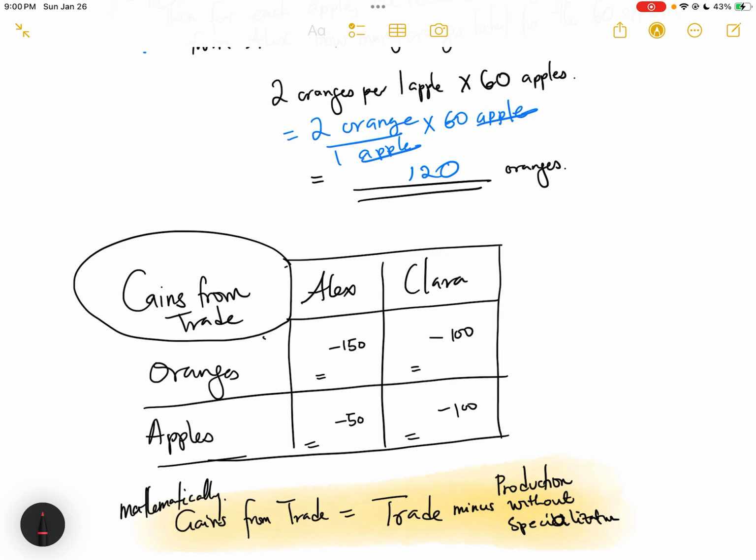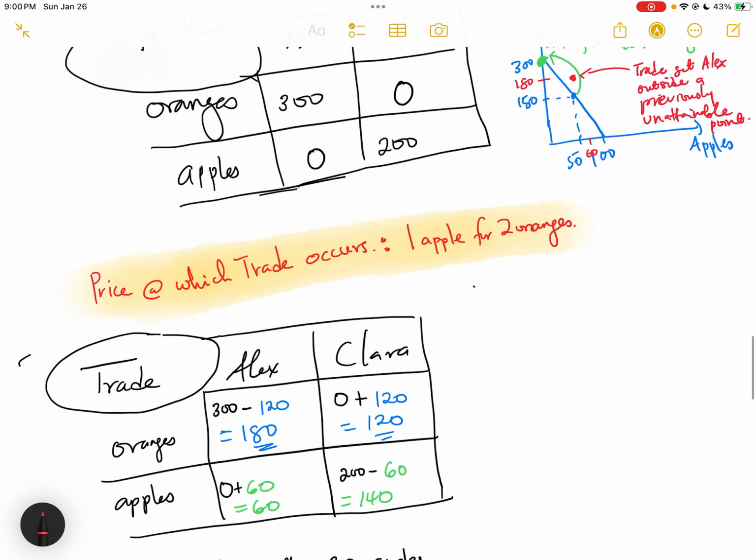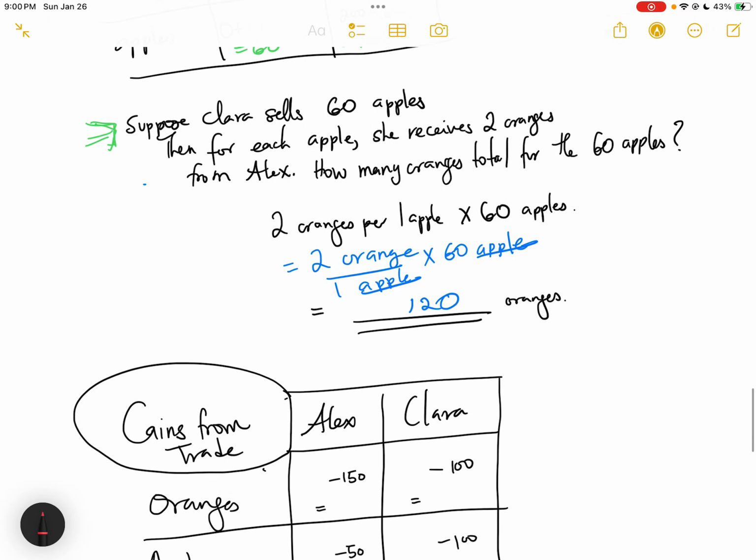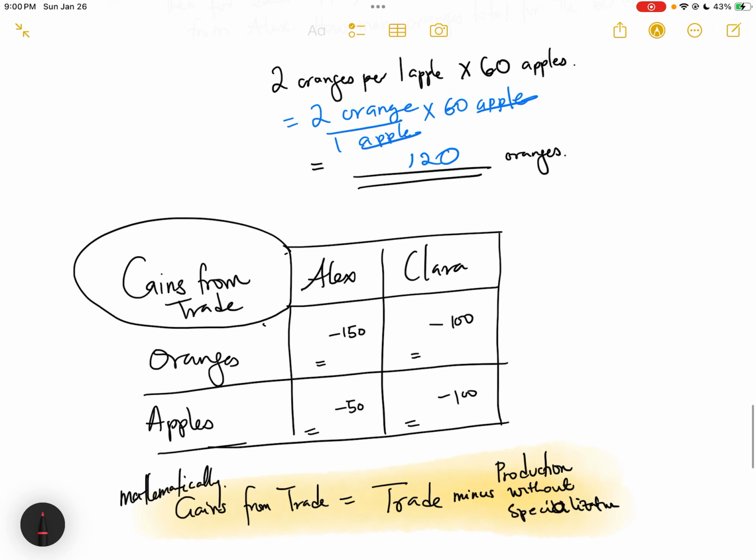Are there any gains from this trade? I mean, graphically, you can see that there are gains from trade, right? So can we calculate that mathematically? Mathematically, the gains from trade are calculated as the trade numbers minus the production without specialization numbers. Now, to get this going quickly, I put those production without specialization numbers in there.